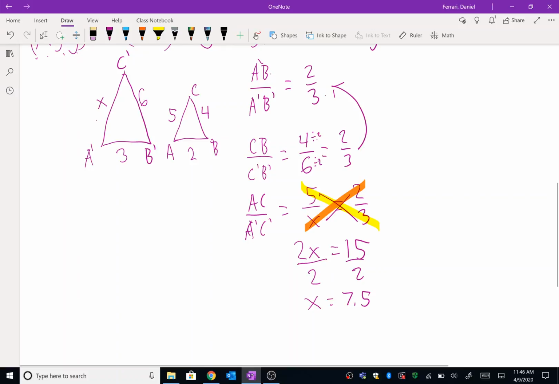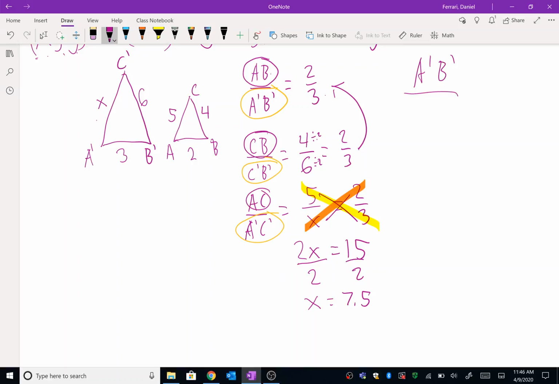Now, the one thing you want to make sure of is, notice I did all of the originals on the top, and I did all of the primes on the bottom. You don't have to set up your ratios in that exact way. You could set them up using a different pattern. For example, I could have done A prime, B prime over AB.